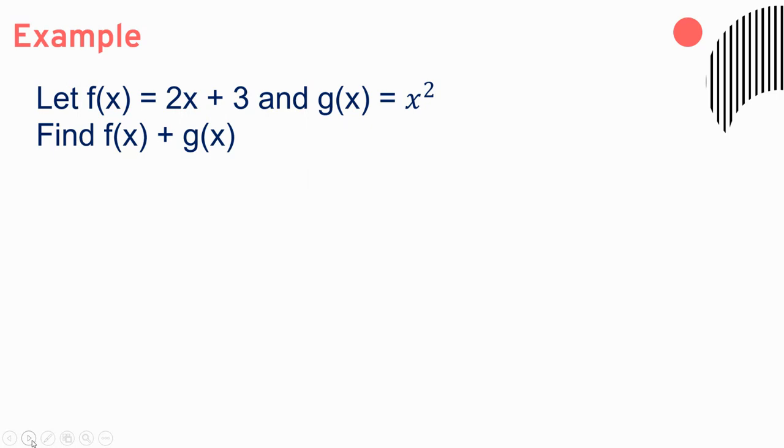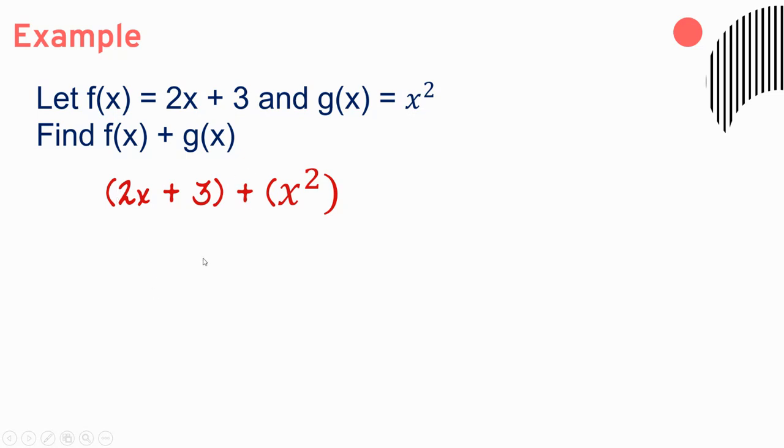We've got f of x equals 2x plus 3, and g of x equals x squared. We want to find f of x plus g of x. So we're just going to plug them in. 2x plus 3 plus x squared. And now, when I am writing these, especially when we start to get into subtraction and multiplication and anything else we do, I'm going to separate my 2 functions first by parentheses, noting to myself that these are 2 separate functions and that we're ultimately adding together in the end.